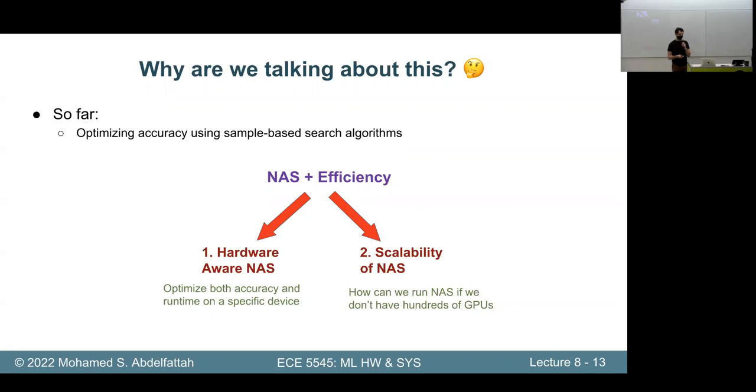People have really optimized aspects of the search algorithm to this specific problem of neural architecture search because of its importance. So we'll answer the question of how we can run NAS if we don't have hundreds of GPUs. We'll actually start with the second one. I don't know why I said this is 1 and this is 2. But we'll start with the scalability of NAS first.